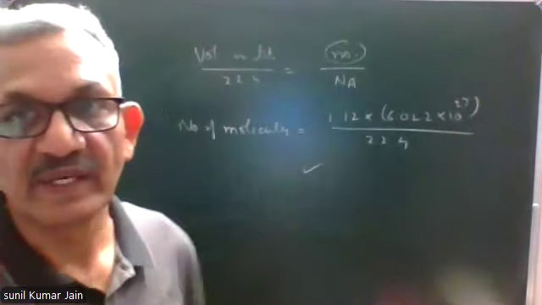Okay, sir. Third numerical. Calculate the number of oxygen atoms in 440 AMU of CO2. Molecular weight of carbon dioxide is 44.